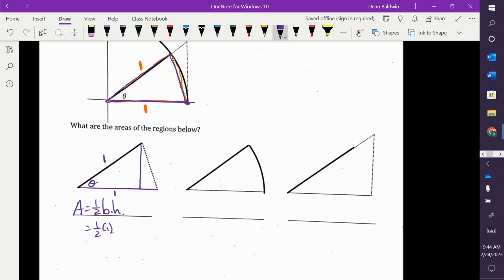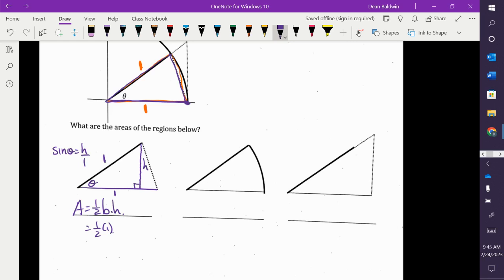And we're going to use sine. Sine is what over what? What side over what side for sine? Yeah. So if that's the height, sine theta, I'm going to write it right here. Sine theta is going to be h over 1.